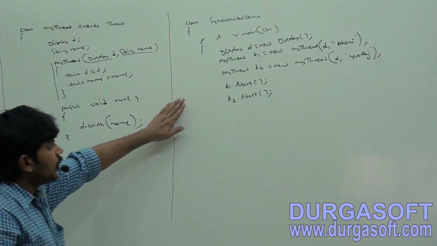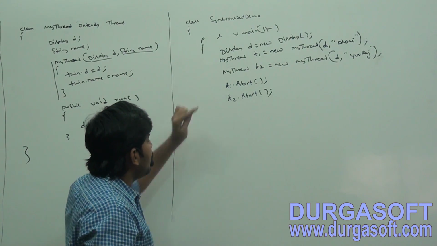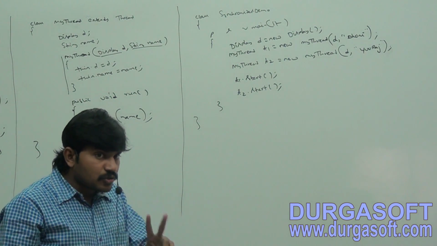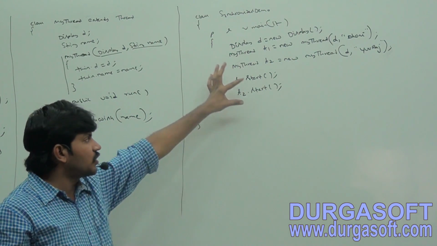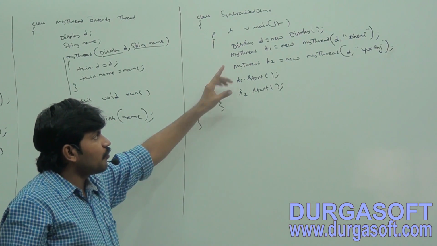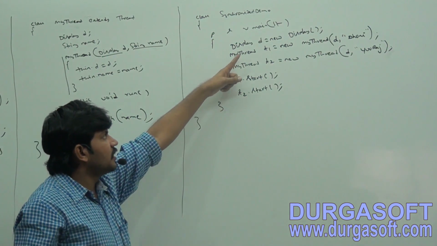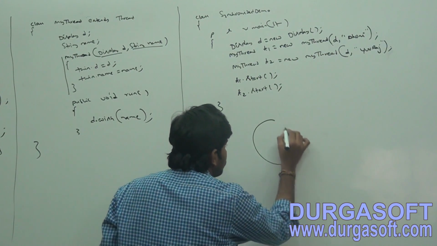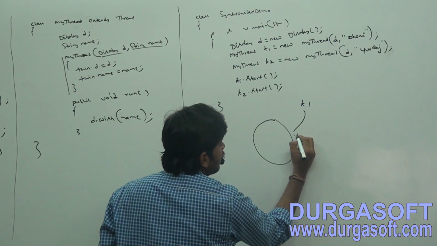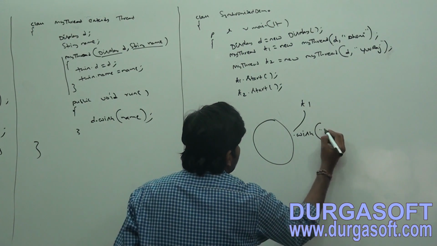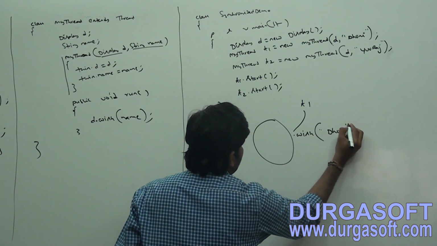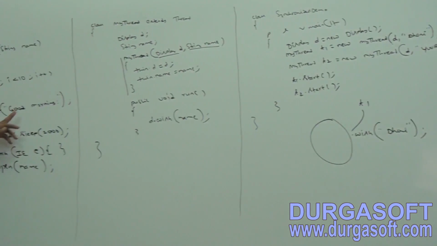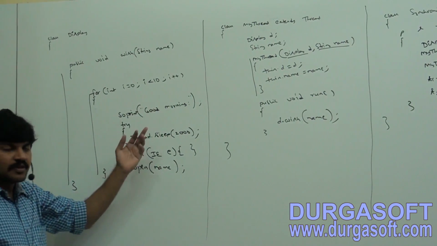Can you tell how many threads are here? Other than main, forget about main, 2 threads are there. For the first and second thread, the display object is the same. On the display, the first thread is trying to call the wish method by passing Dhoni as the argument. The first thread starts execution, good morning, and then it is sleeping.